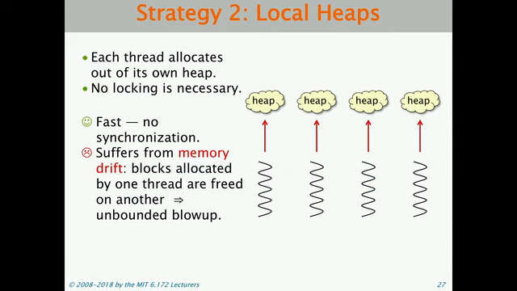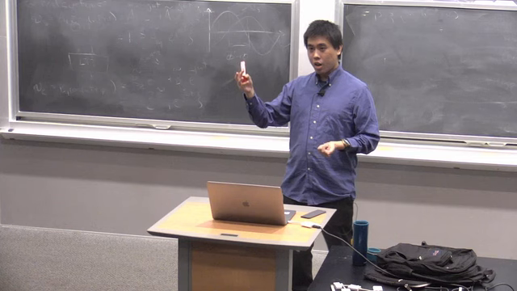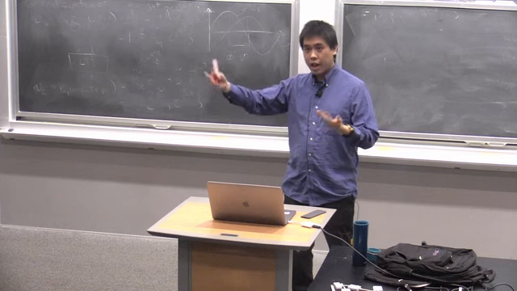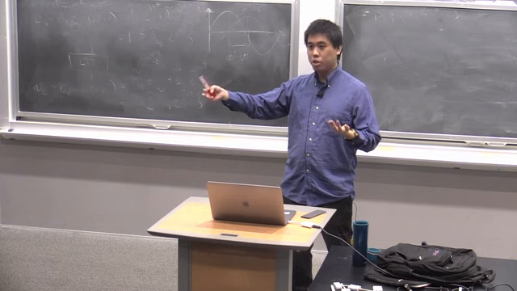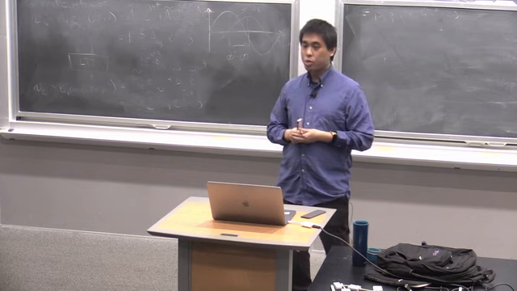Because if you do all of your allocations in one thread and all of the frees on another thread, every time you allocate from the first thread, there's actually memory sitting around in the system. But the first thread isn't going to see it because it only sees its own heap, and it's just going to keep grabbing more memory from the OS. And the second thread actually has this extra memory sitting around, but it's not using it because it's only doing the frees. It's not doing allocates.